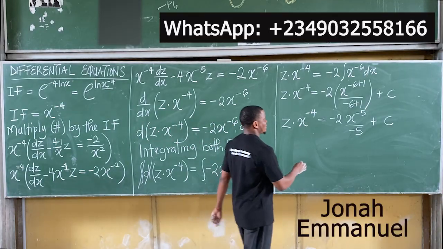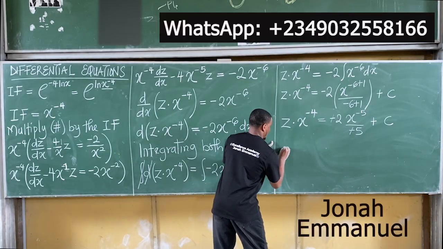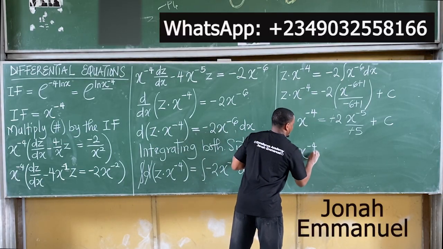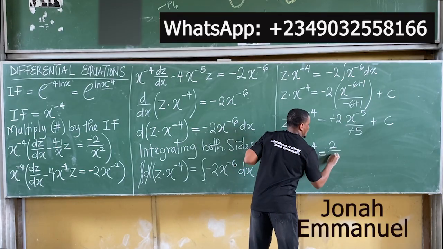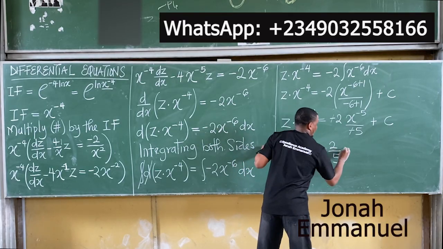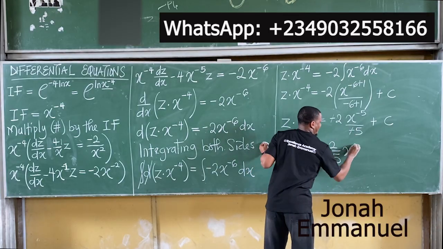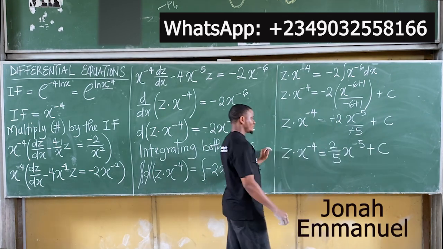From here, obviously, minus cancels minus. I'm left with z dot x to the power minus 4 being equal to, what do I have here? This is 2 over 5. Shift this one out, I have x to the power minus 5 plus c.